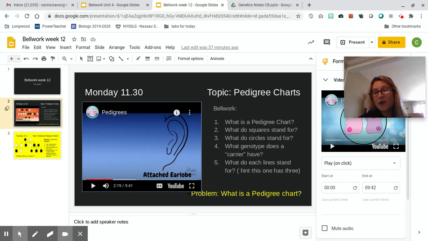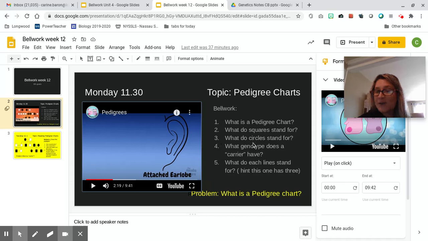A pedigree chart is a diagram that traces a trait through a family tree. Okay, squares or boxes are going to represent males. So number 2 is males.